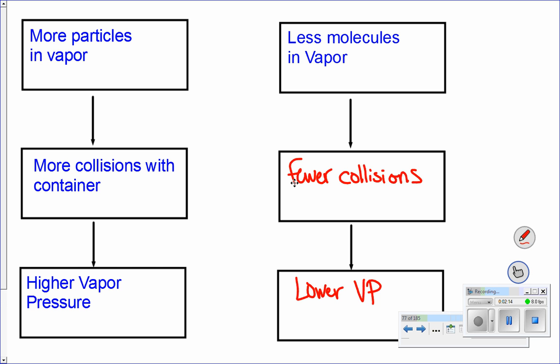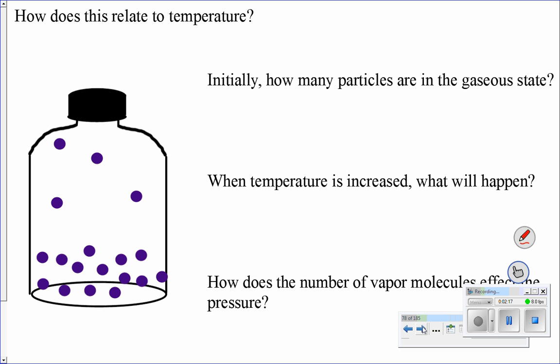So vapor pressure is going to tie into how easily something actually vaporizes or becomes a gas. It's also going to tie into temperature. If we look at this little bottle that I drew right here, initially we have 4 samples in the gaseous phase. Imagine I just threw a little fire under there. Not really a great thing to do with a closed container, but we would see some of these liquid molecules going into the gaseous state.